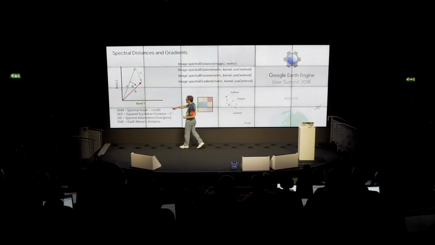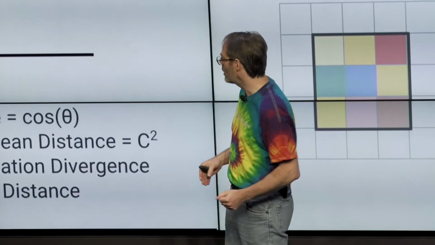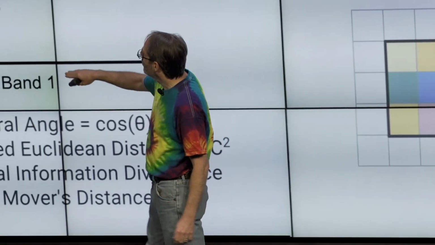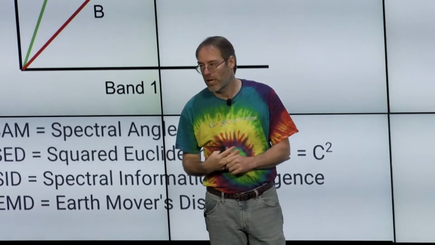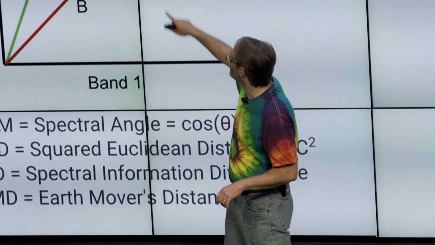There are a bunch of things to do spectral distance. So take any 2 spectra and compute their distance in some metric. My favorite is spectral angle, where you simply compute the angle between the vectors, the cosine of the dot product. There's also squared Euclidean distance.